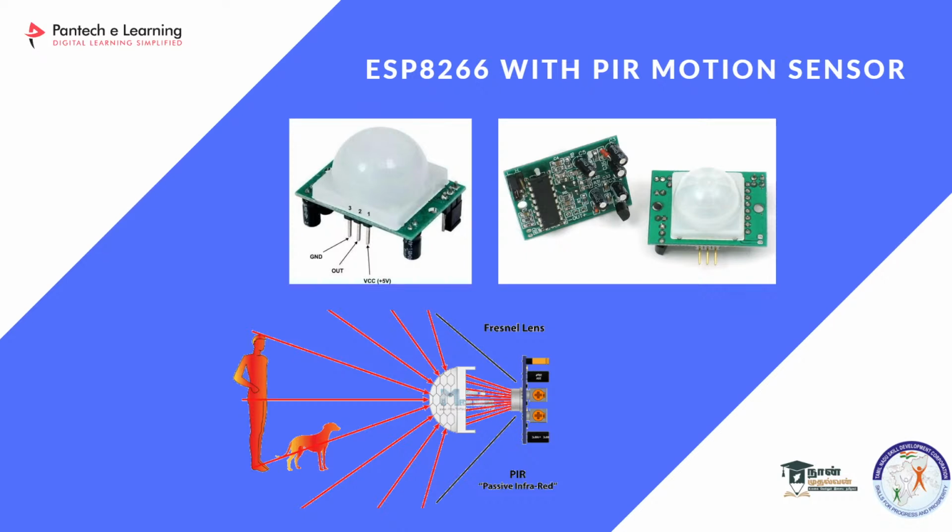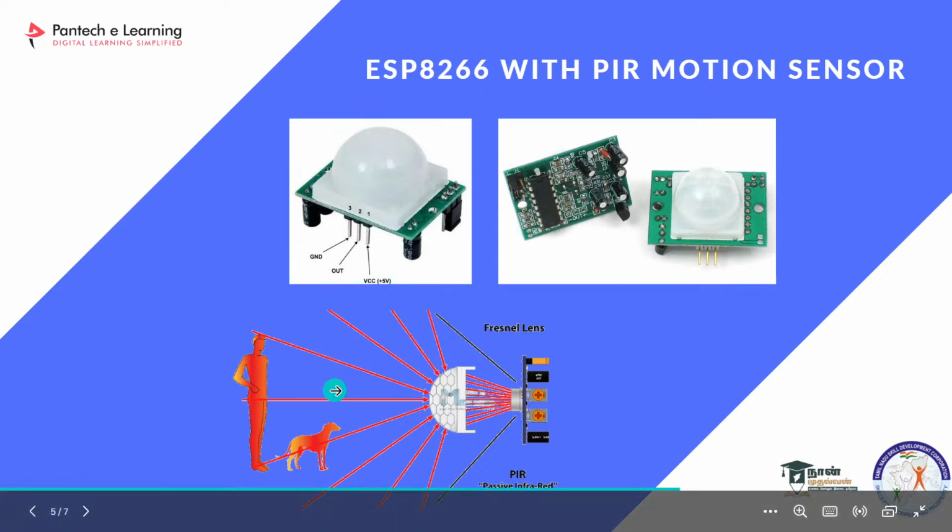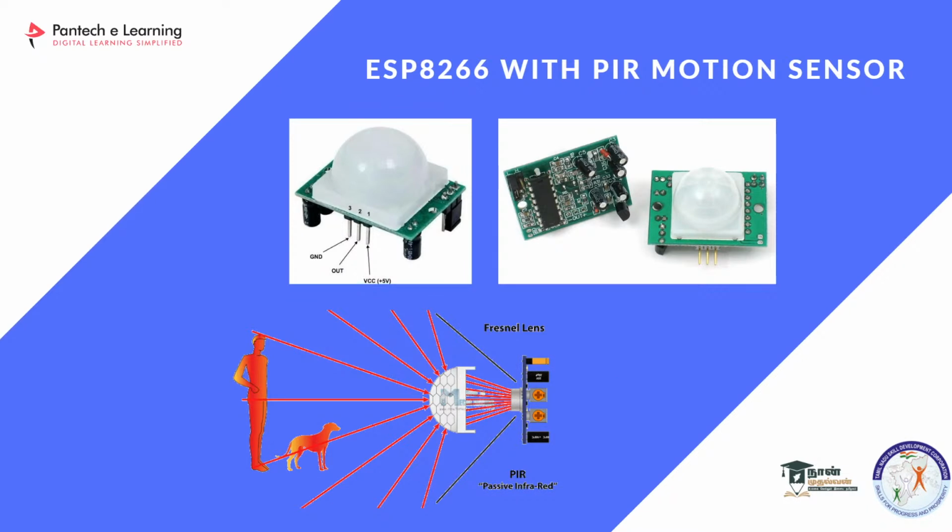They are able to detect the movement of people or animals by sensing changes in the infrared radiation in their environment. The sensor consists of two halves that detect infrared radiation. When an object such as a person passes in front of the sensor, it detects a change in the infrared radiation and triggers an output signal to activate an alarm, light or other device.